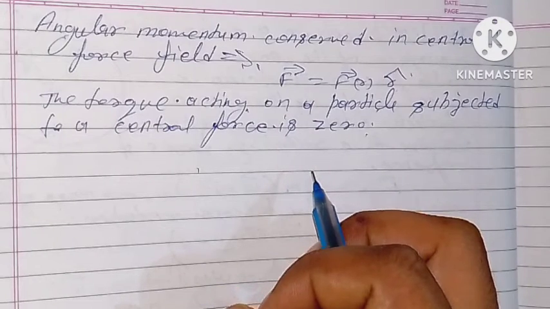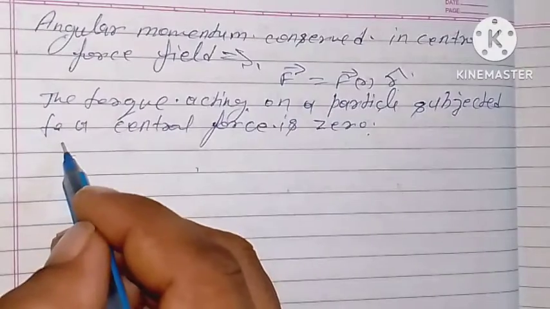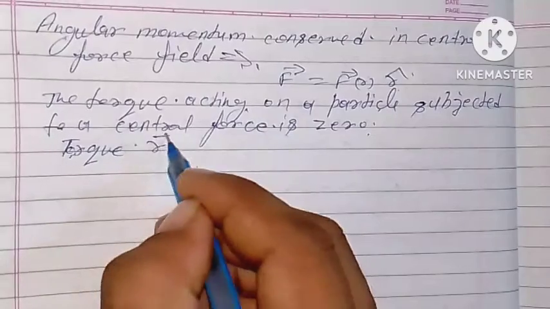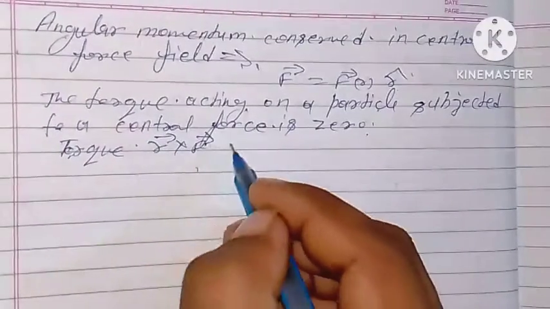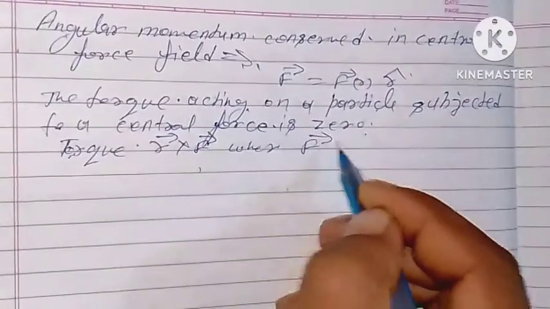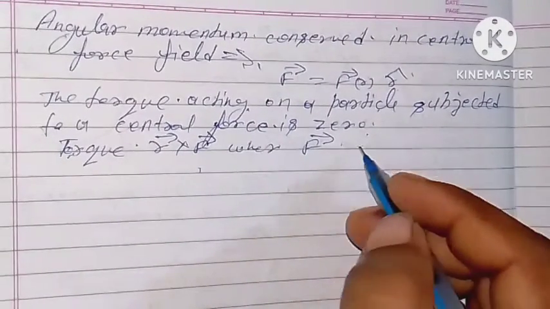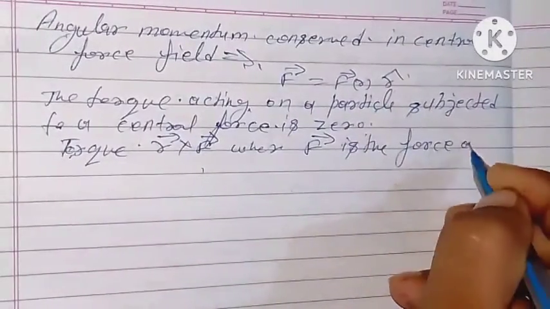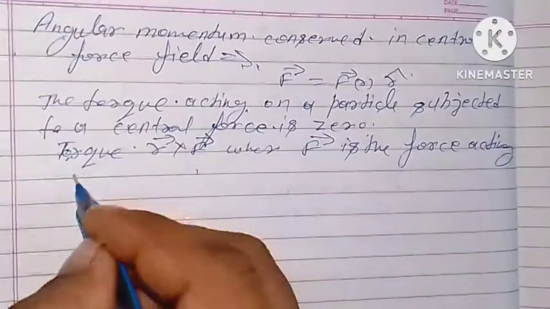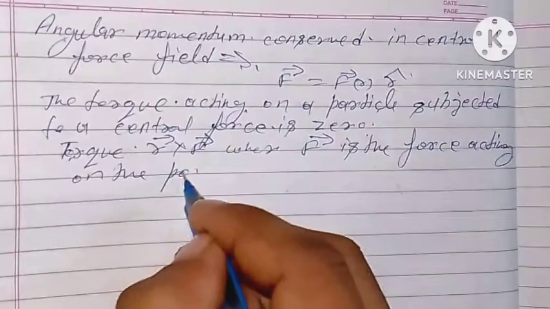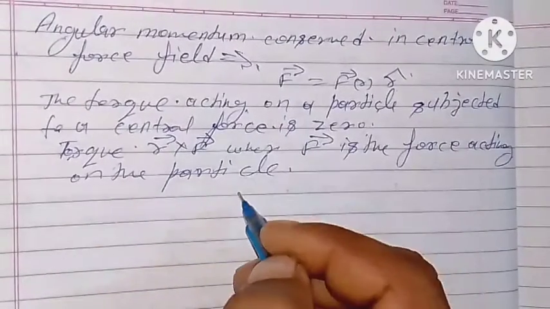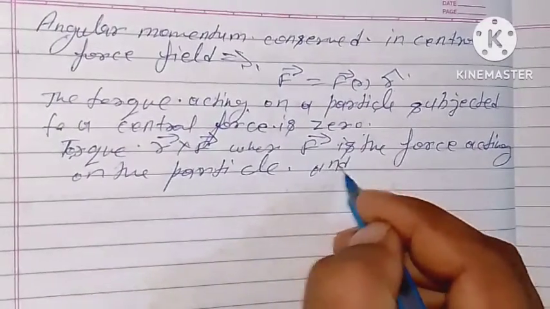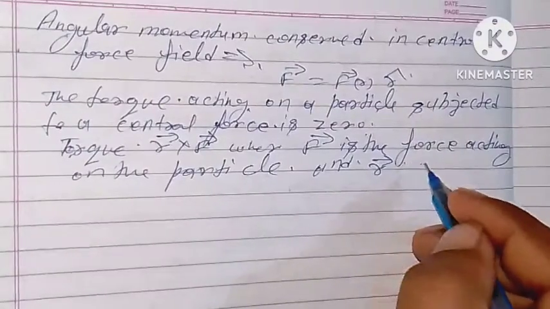Torque is defined as the vector product of vector r and vector F, where vector F is the force acting on the particle, and vector r is its vector distance from the origin.